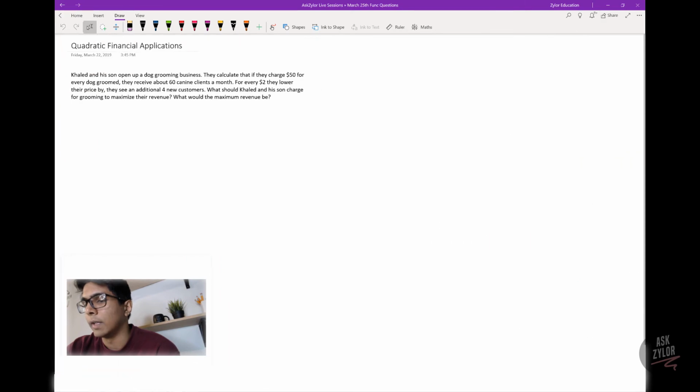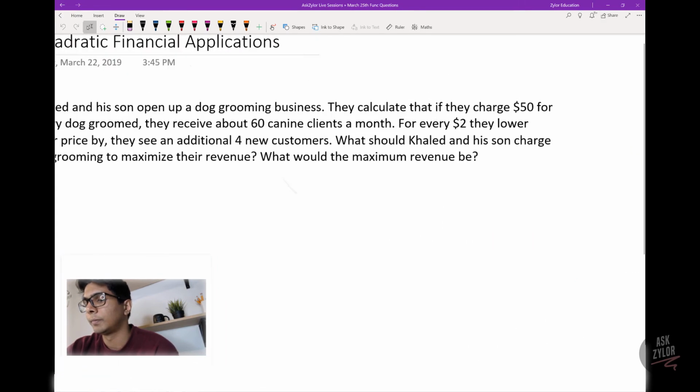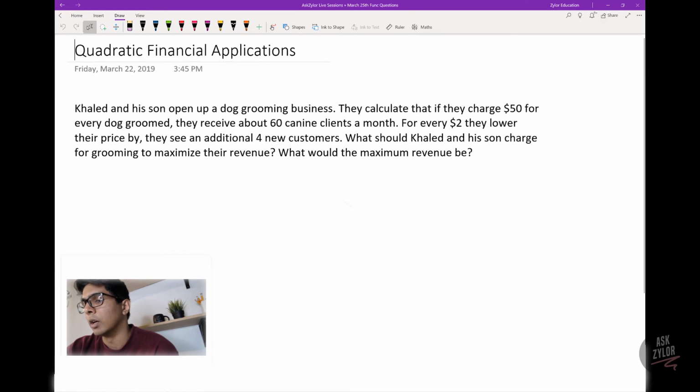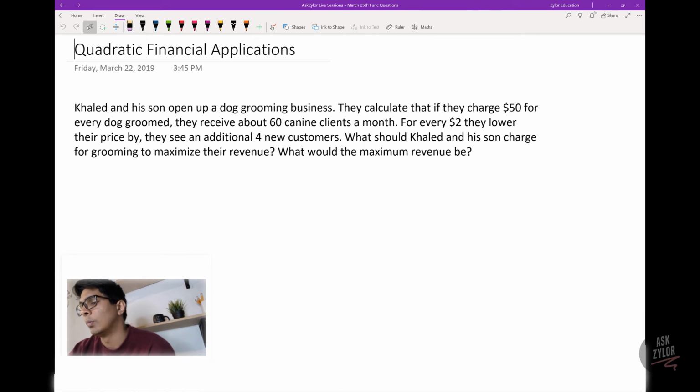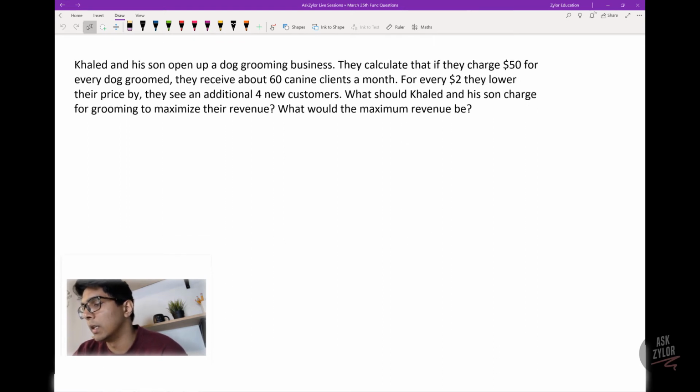So we're finally getting to some application questions. These are very common questions that pop up. It can be dealing with financial models and revenues. So in this case, we have a person and his son opening up a dog grooming business. They calculate that if they charge $50 for every dog groom, they receive about 60 canine clients a month.